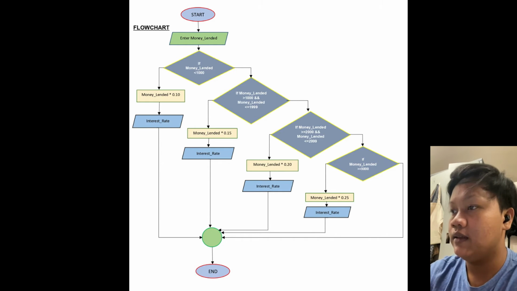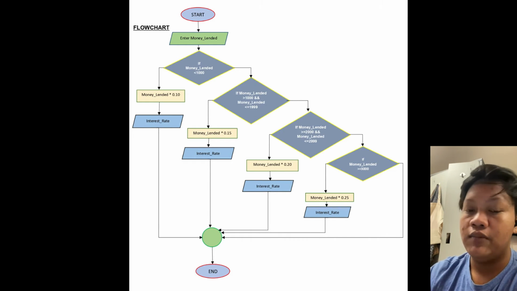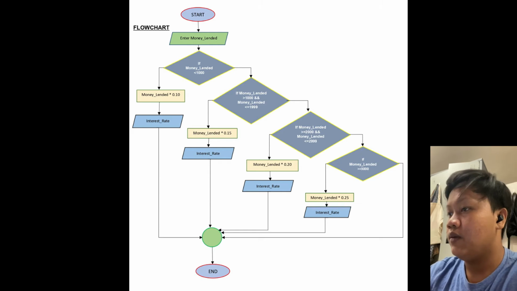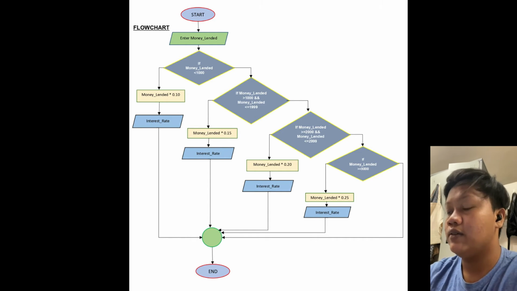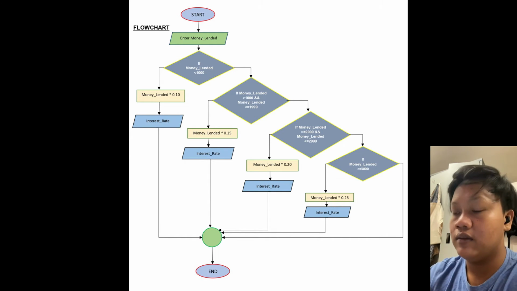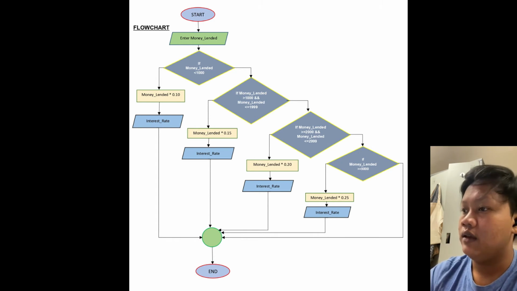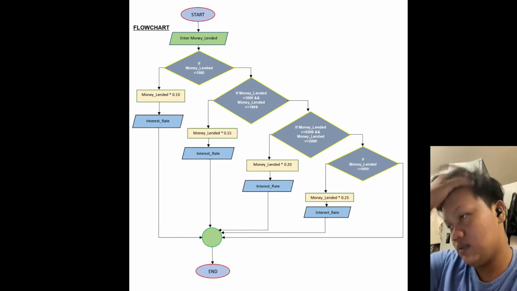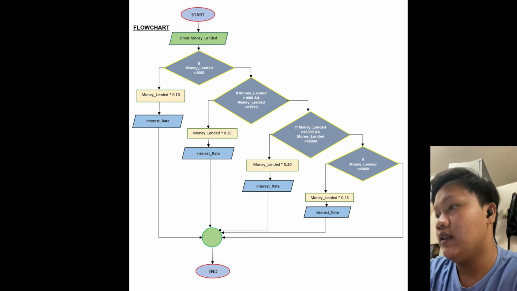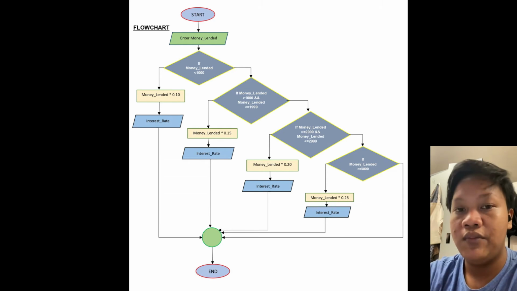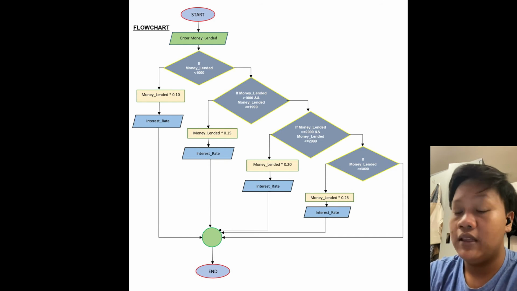If money lended is more or the same as 2,000 and money lended is less or the same as 2,999, then interest rate is money lended times 20%. And if that is also false, we go through the final selection. If the money lended is more or the same as 3,000, then the interest rate is money lended times 25%.